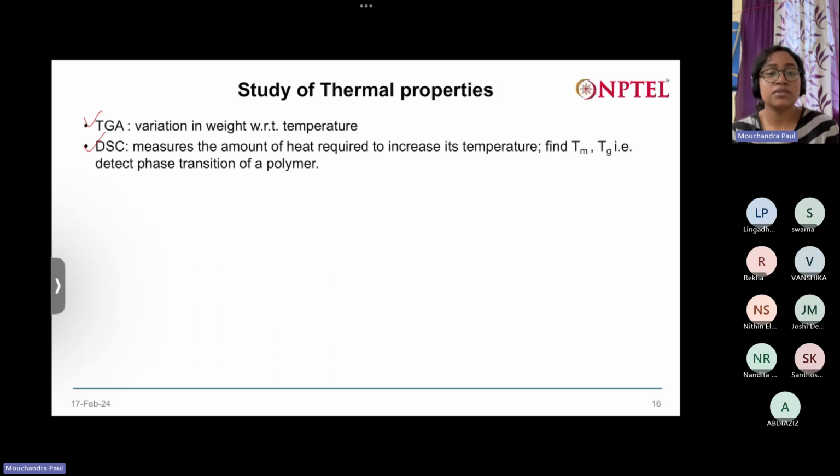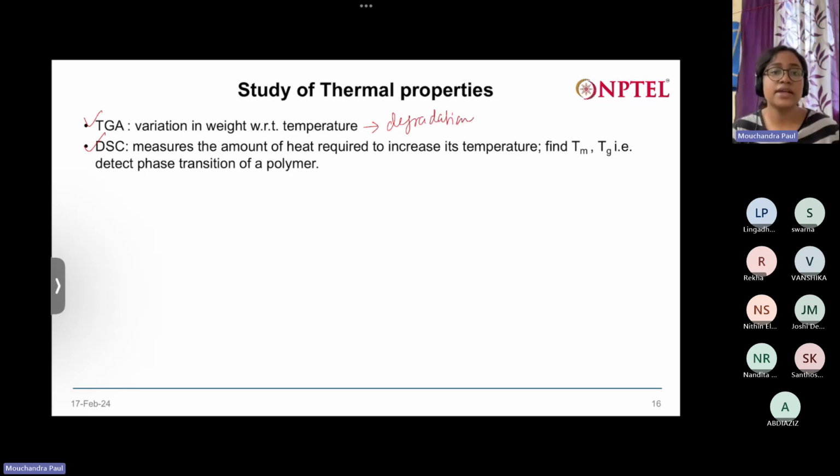If we are using a material which is susceptible to lose weight at 37 degrees Celsius, which is the temperature of our own body, then you have to understand how fast it is losing its weight. Then again, you can understand the effect of our body temperature on loss in weight or degradation.